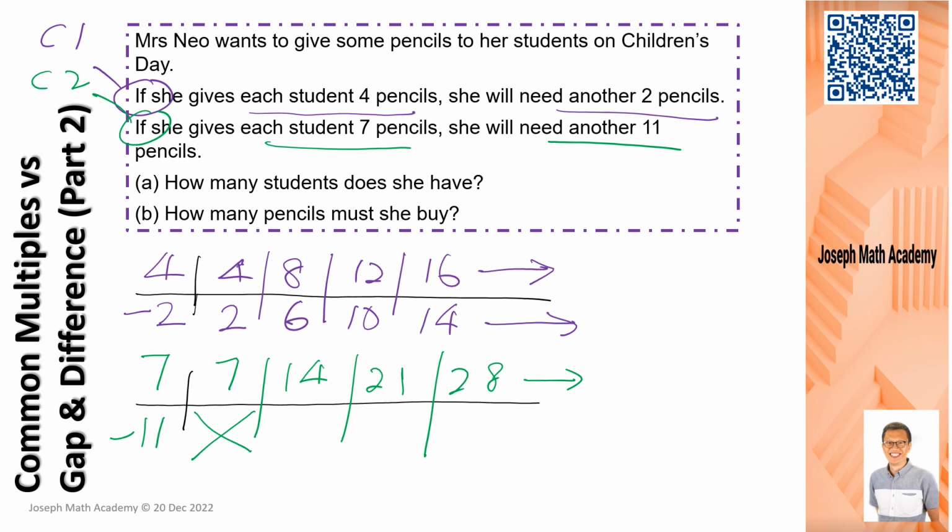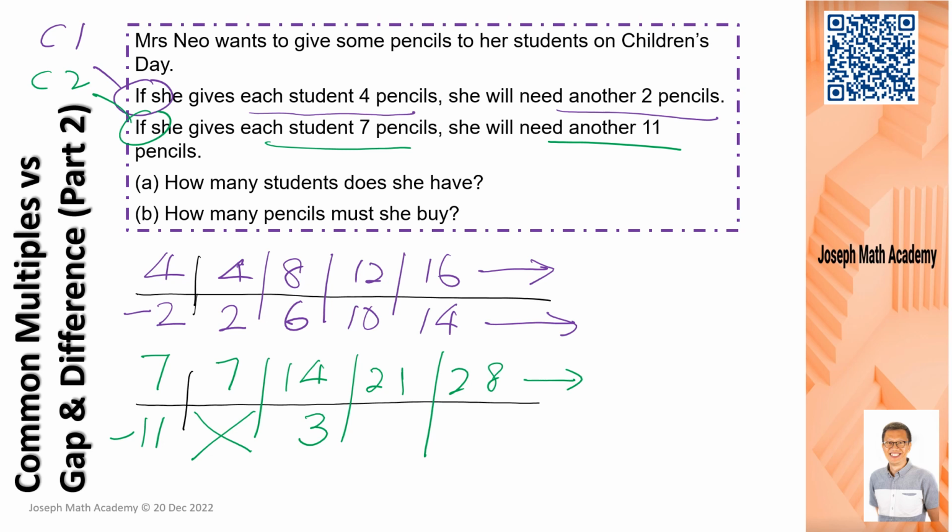Now, 14 minus 11, that means if there are 2 students who received a total of 14 pencils, right? But she needs another 11. She needs another 11 means on hand, she has only 3. Okay, alright? So 14 minus 11 gives us 3.